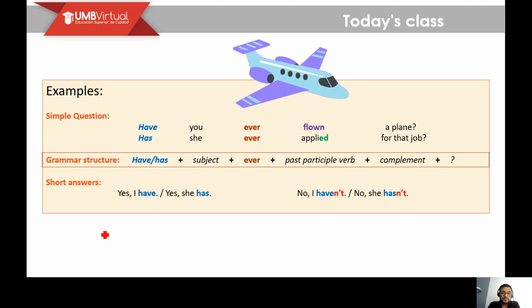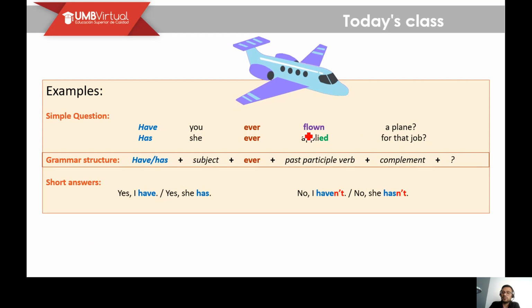With questions, we use the auxiliary in the beginning of the sentence and the rest will continue the same. Have you ever flown a plane? Remember that you had in here, you have ever flown a plane. In question, have you ever flown a plane? Or has she ever applied for that job? And the question mark over here.